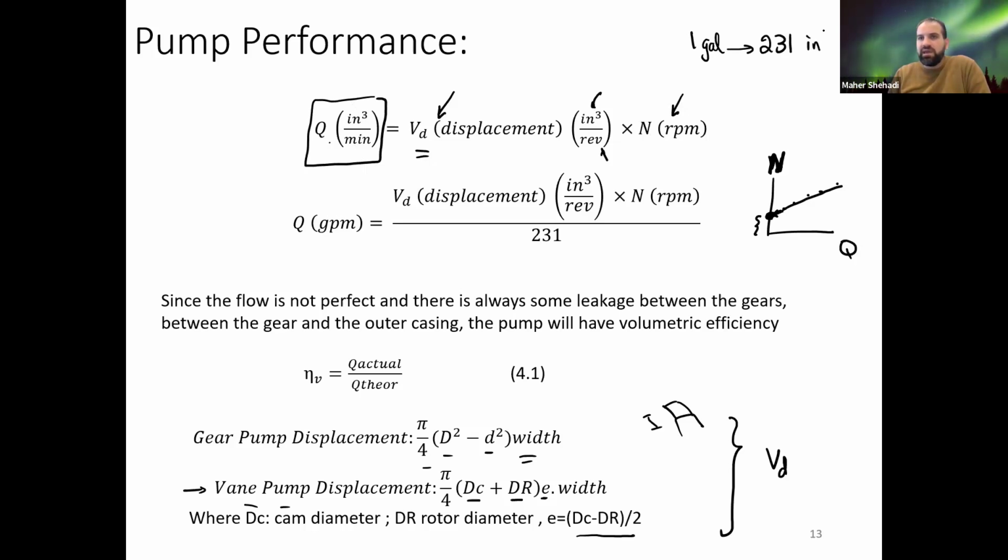We know 1 gallon is 231 cubic inches, so we divide V_D times N by 231, and then my unit would be gallons. Since it's RPM, rotations per minute, I already have the per minute, so I don't need any other conversions there.